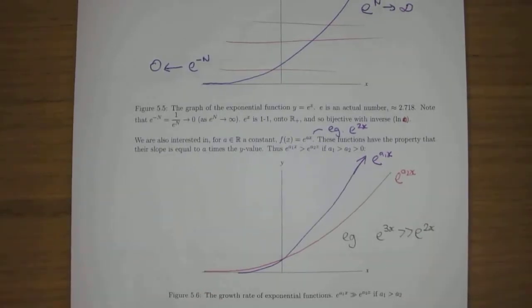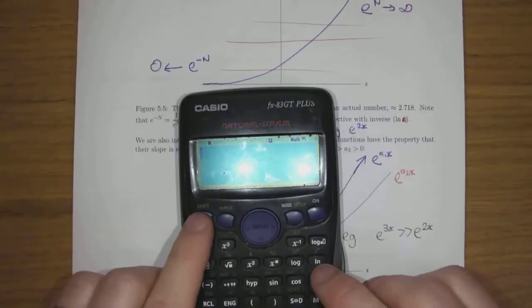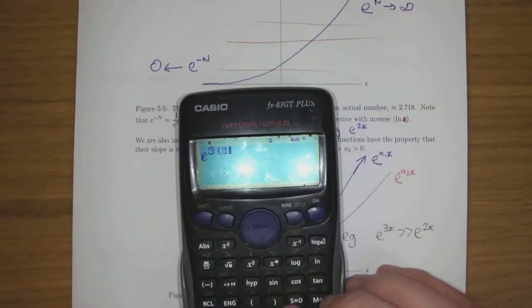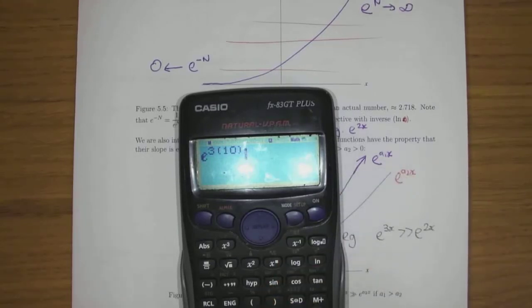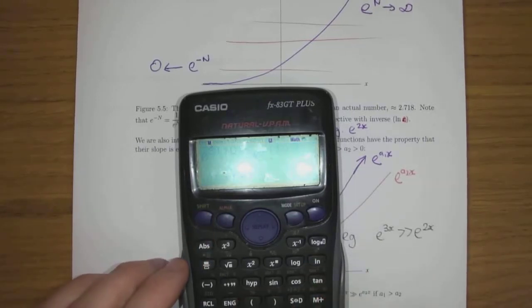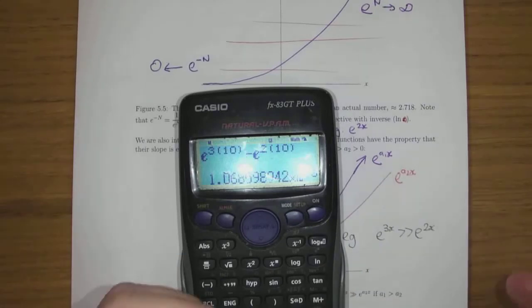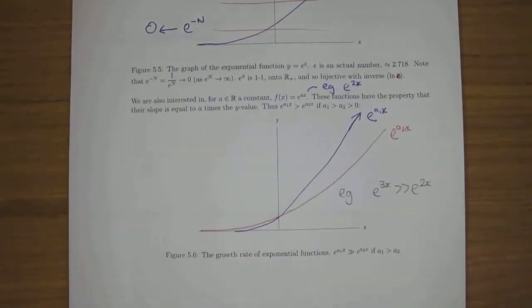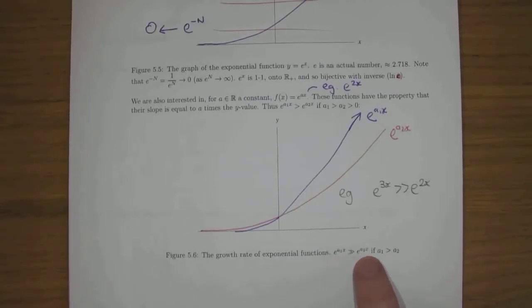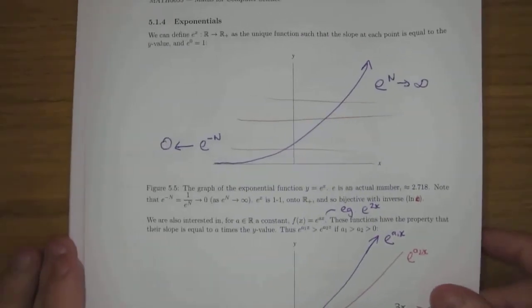Look at the difference between e to the 3 by 100, which is possibly too big a number to even look at, that's e to the 3 by 10 minus e to the 2 by 10. The difference is enormous. So it's the multiple of x here that determines how fast it grows, and the bigger the multiple of x, the faster it grows.